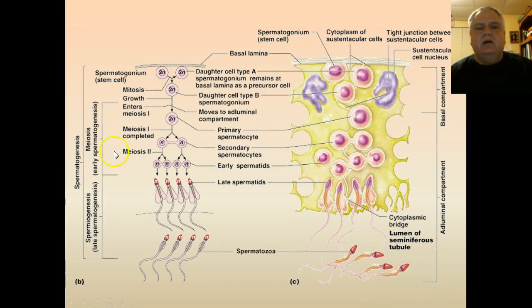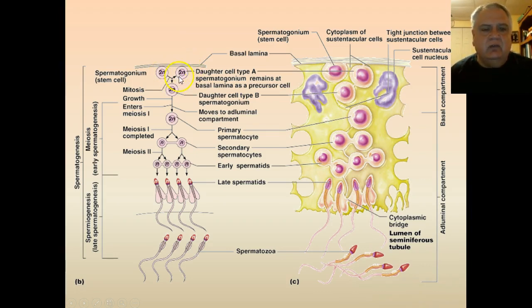So back to our diagram here. Here's the outer wall, and here are the spermatogonial cells attached to the basal lamina of the outer wall. And over here is a single spermatogonial cell. Now this spermatogonial cell will undergo mitosis. Okay, so the chromosome number will remain the same. During this mitotic division, one cell will divide into two cells.